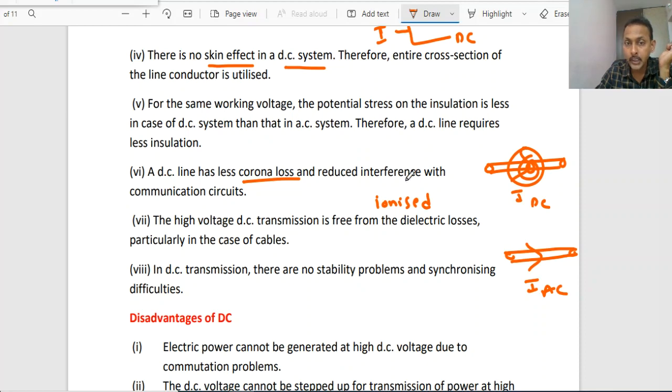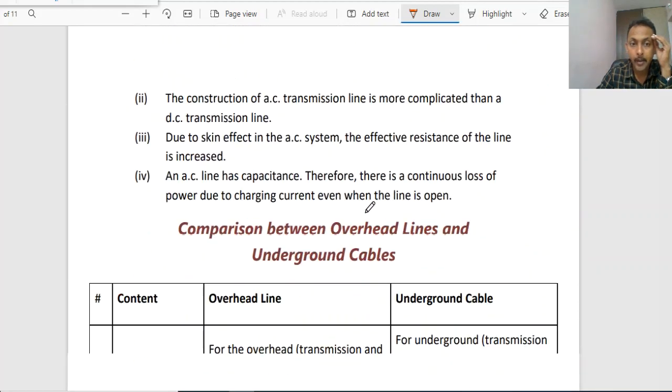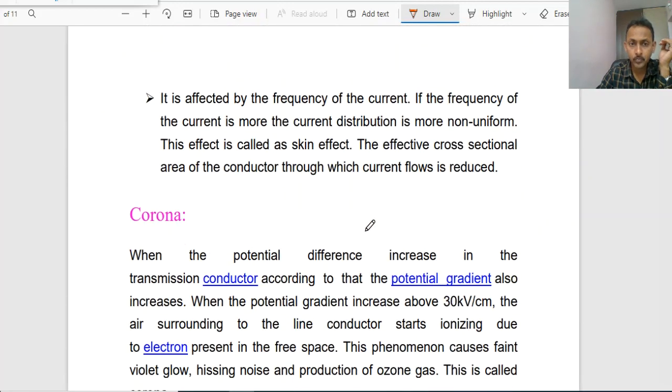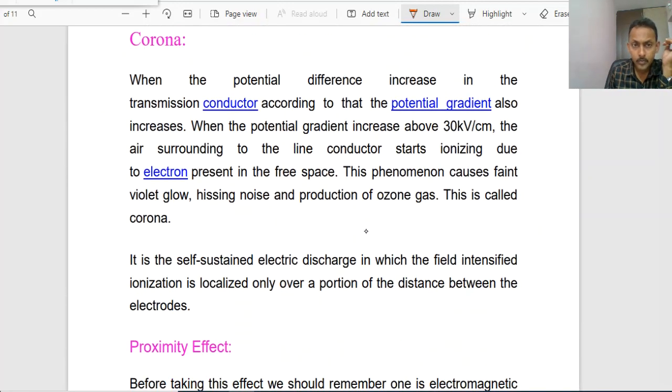Because of this ionization, you can observe a hissing noise or some violet color glow, and it also leads to the production of ozone gas around the conductor. Such an effect is called the corona effect.